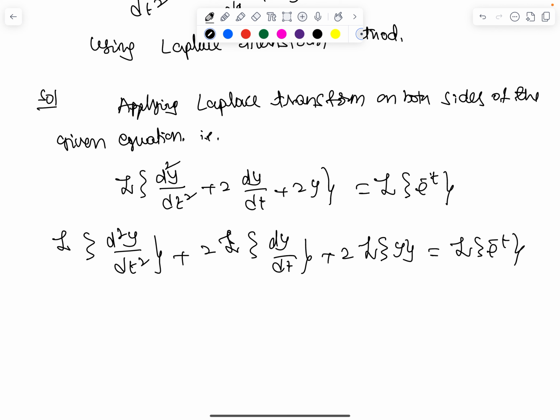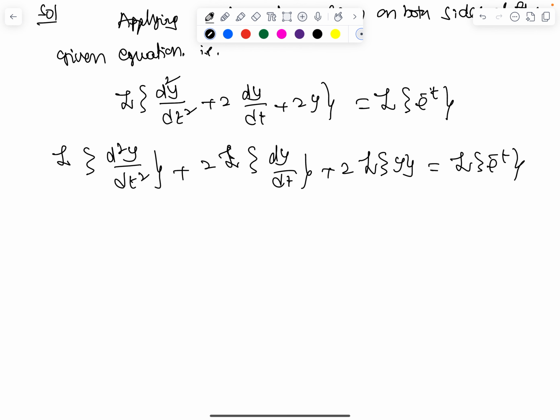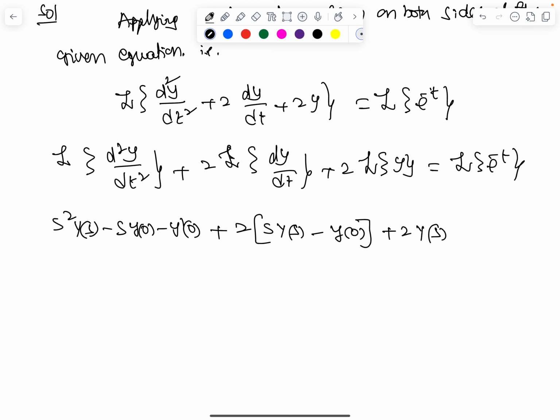Now, you write it, Laplace transform of the second derivative term is s square into Y of s minus s into y0 minus y prime of 0, and the second term is the first derivative term, therefore, s into Y of s minus y0, plus 2 into Y of s is equal to Laplace transform of e power minus t, which is 1 by s plus 1.